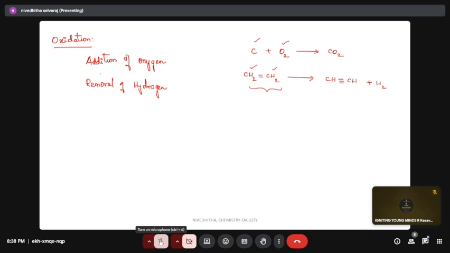But as far as physical chemistry is concerned, the definition of oxidation can be explained in terms of electrons also. In a chemical reaction, if a chemical species is losing its electron, loss of electron is also called oxidation. For example, I have sodium.